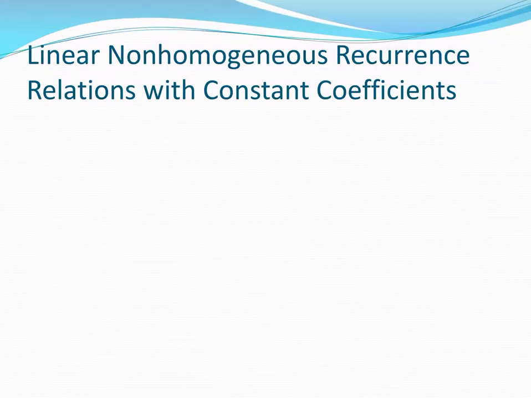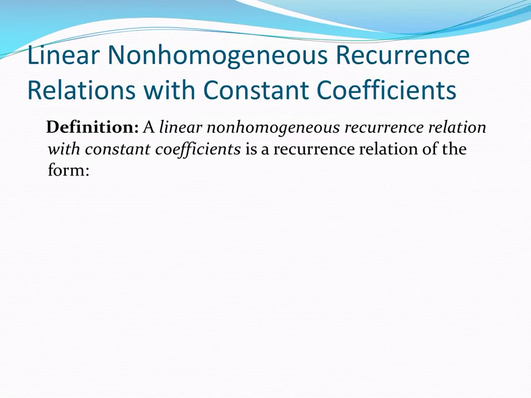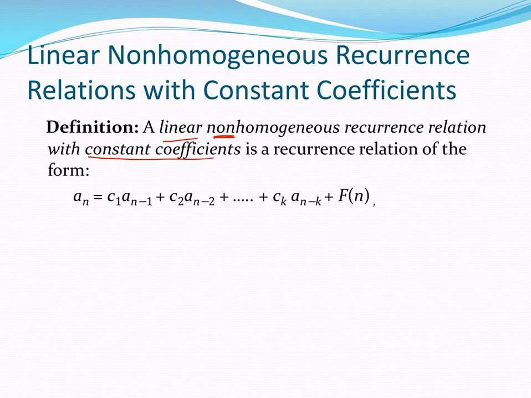We're in Rosen, section 8.2 on solving linear recurrence relations. Here we are discussing a non-homogeneous recurrence relation, and a linear non-homogeneous recurrence relation with constant coefficients has this form.